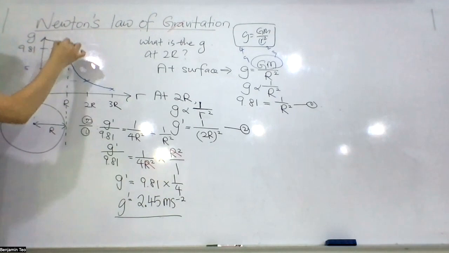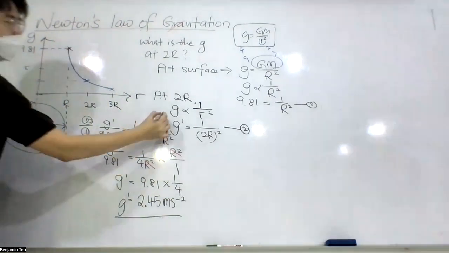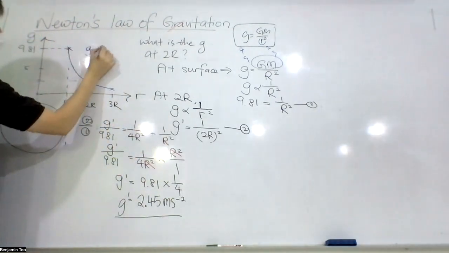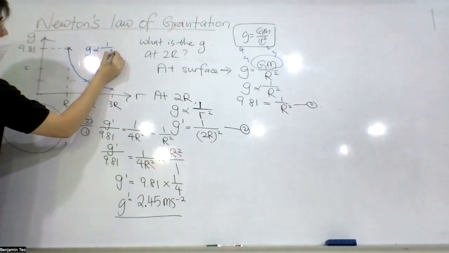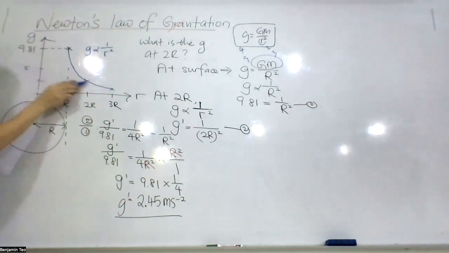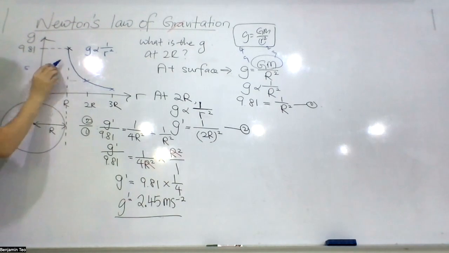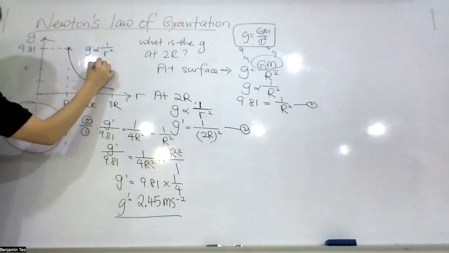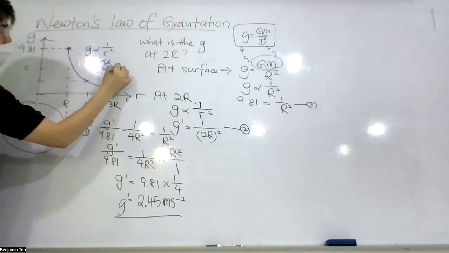This relation, what do we call this relation? Here, g is proportional to 1 over R squared. This is the relation of the graph. This is called the inverse square law.